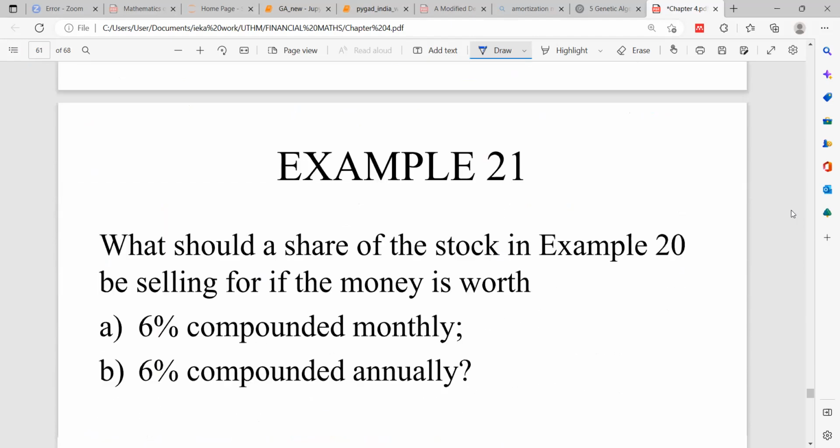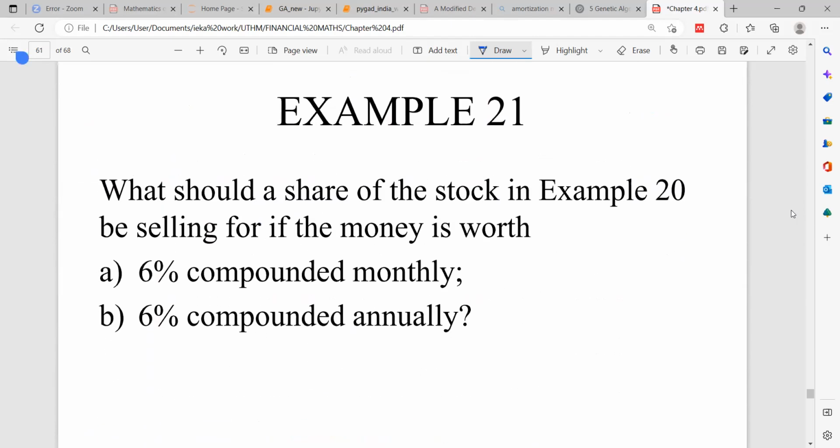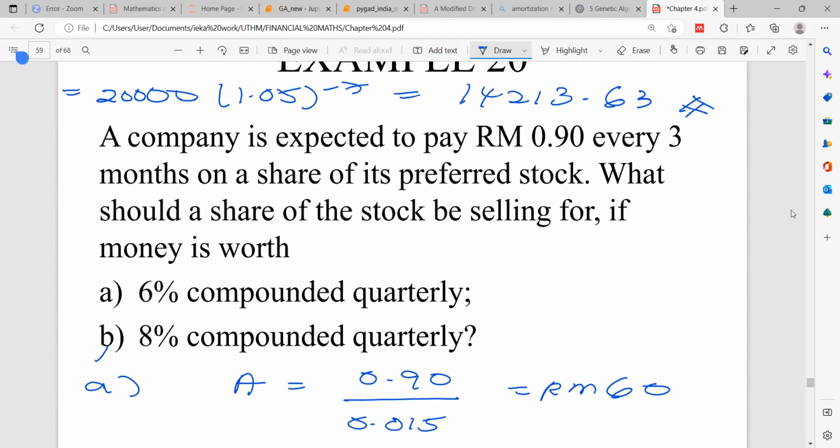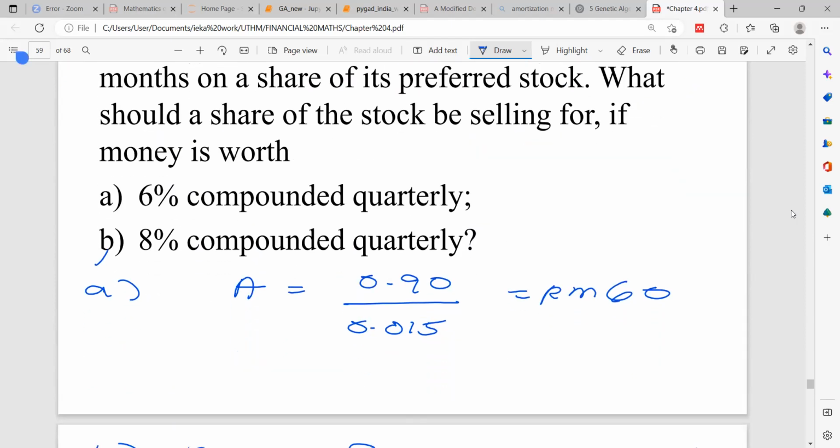Okay. Untuk contoh yang lebih mudah, example 20, ini lebih mudah sebenarnya. A company is expected to pay 90 cent every 3 months on a share of its preferred stock. What should a share of the stock be selling for if the money is worth 6% compounded quarterly and 8% compounded quarterly?